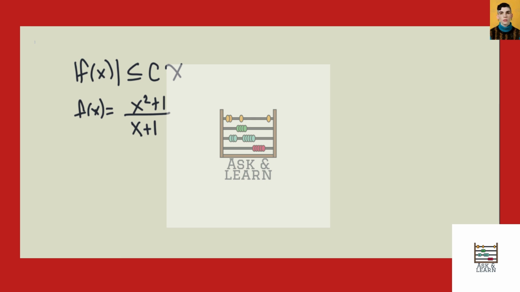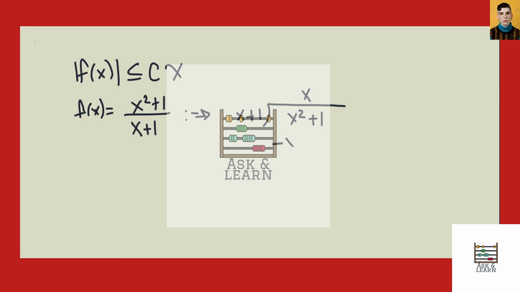So first, we're just going to do some long division. So take a look at this, another form. We consider what it looks like when we divide x squared plus 1 by x plus 1. Okay, well, we get an x on top.